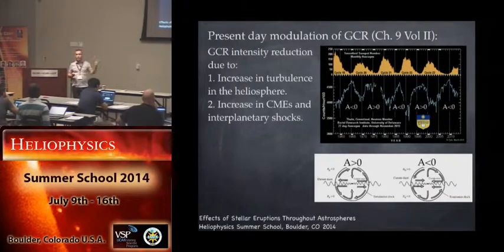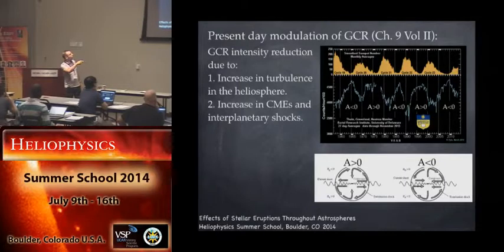The drift term depends on the direction of the magnetic field in the heliosphere, and the direction flips every 11 years. And what happens is these are the drift patterns of cosmic rays, and it's marked by A larger than 0 and A smaller than 0. A is essentially the direction of the magnetic field.